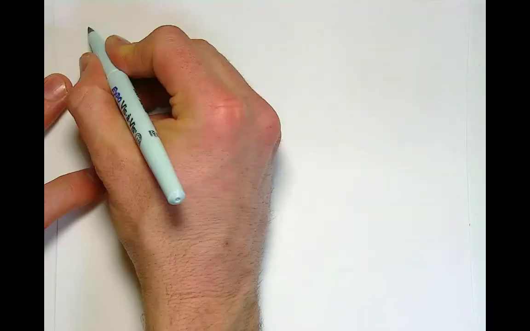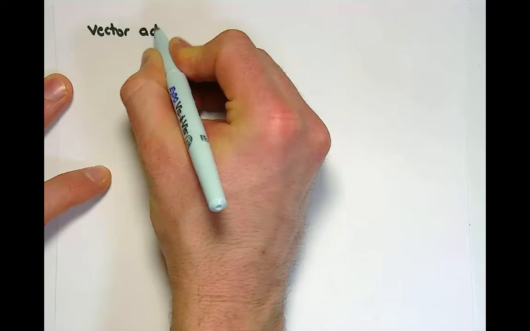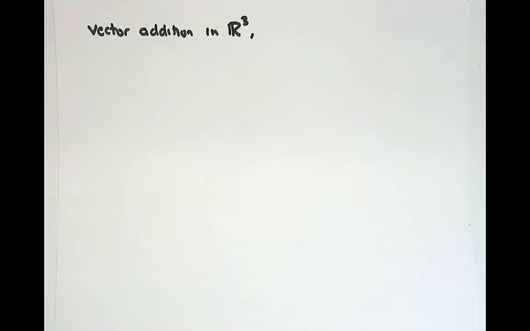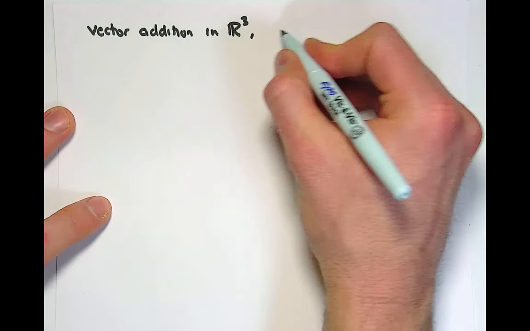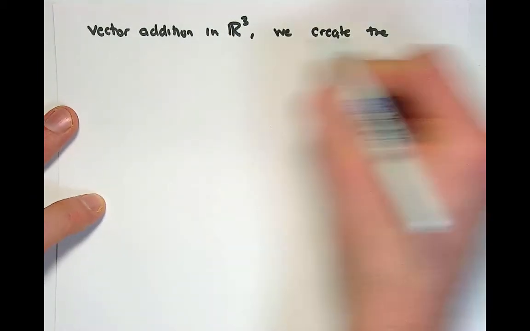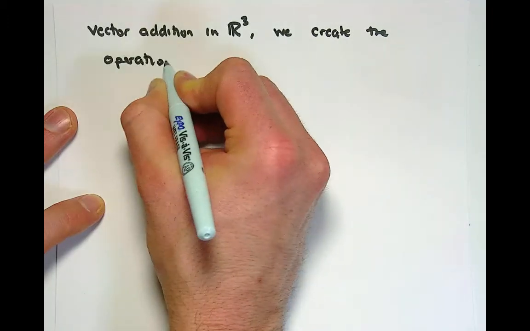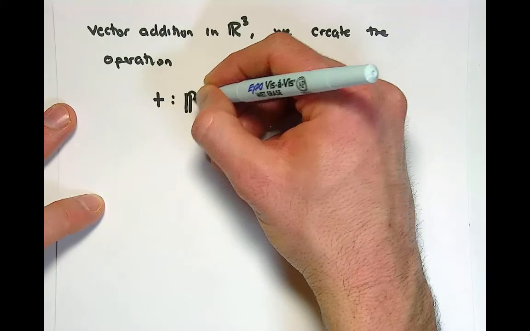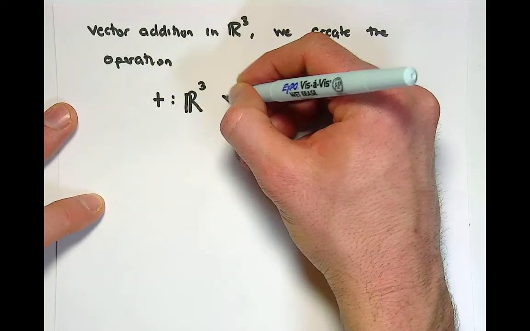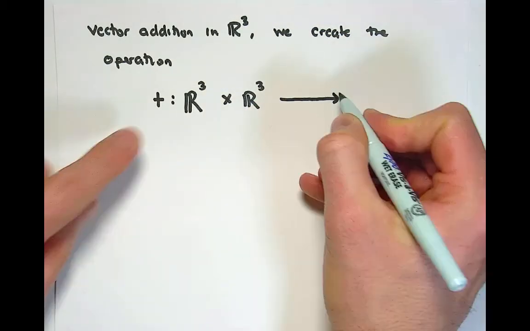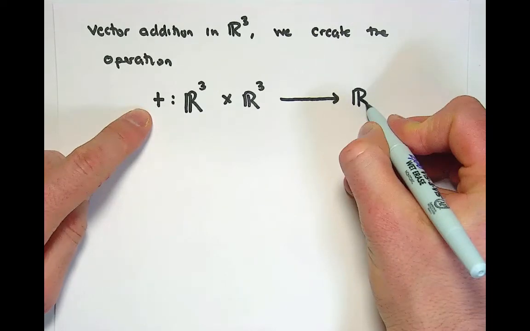For vector addition, we use a very similar definition as we did in R2. Vector addition is going to be a binary operation. There are going to be 2 inputs. Remember, in this notation, this is called vector addition.